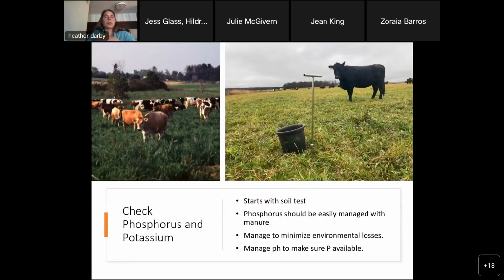All right. Soil tests, we already talked about that. That's really key to learning about the phosphorus and potassium levels in the soil. Phosphorus really, as long as you're keeping the pH up and you have manure on your farm, you should be able to manage to get the phosphorus levels in optimum without too much trouble. The big thing we worry about, of course, with phosphorus is environmental losses, too much of it.